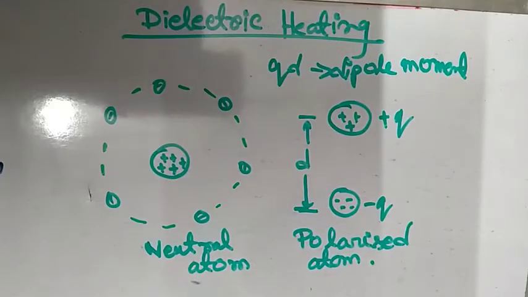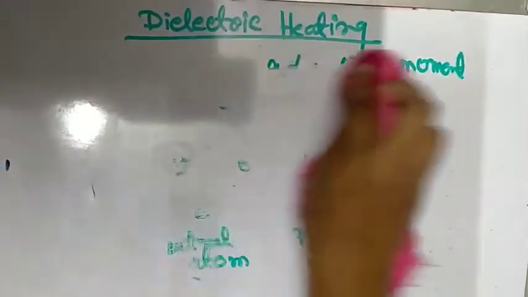Now, all dielectric materials can be considered to be imperfect capacitor and can be represented by parallel combination of resistor and capacitor. I just draw the diagram so you can understand better.